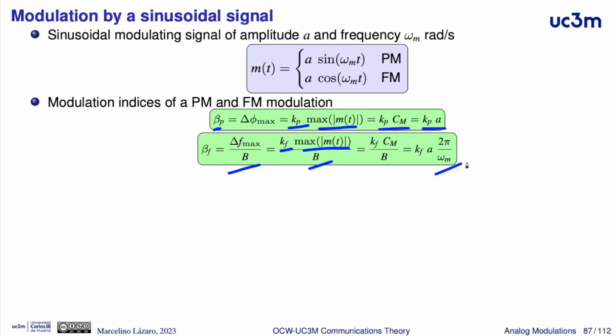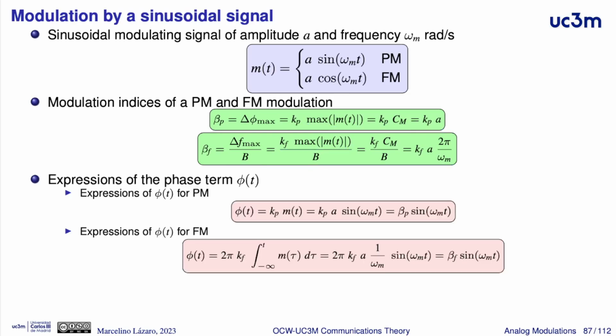It is equal to its frequency in hertz, that is, the frequency in radians per second divided by 2 times pi.